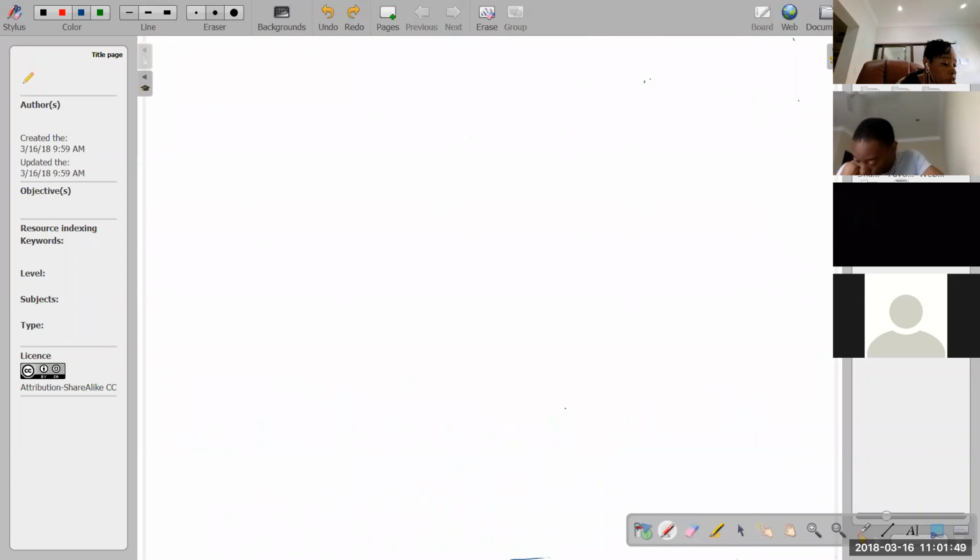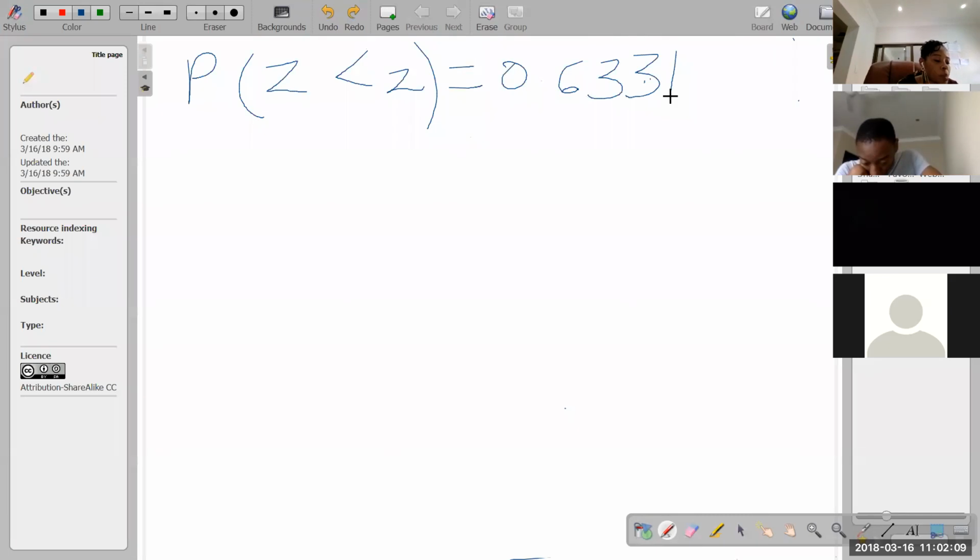We're asked, if Z is a standard normal variable, determine the value of small z for which the probability that Z is less than small z equals 0.6331.